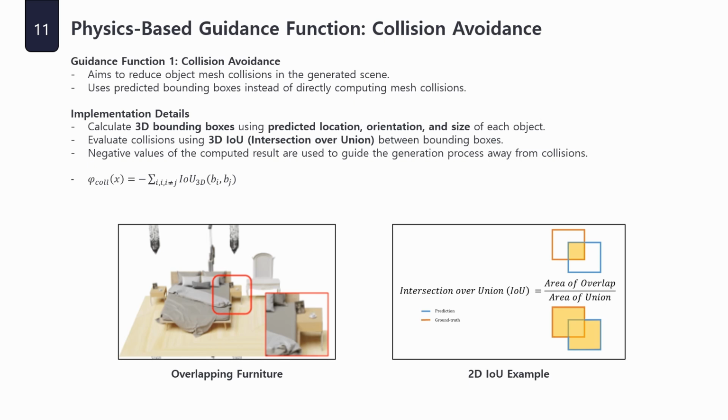To provide guidance in the direction of preventing collision, the negative value of the calculated result is used. IoU is calculated as the ratio of the intersection of the area occupied by two objects to their union. The example image at the bottom right visualizes the 2D IoU calculation process.